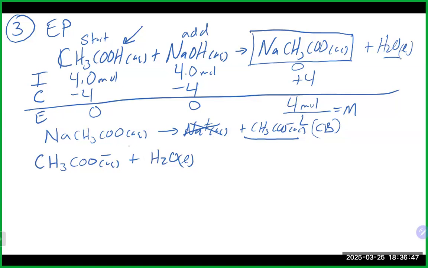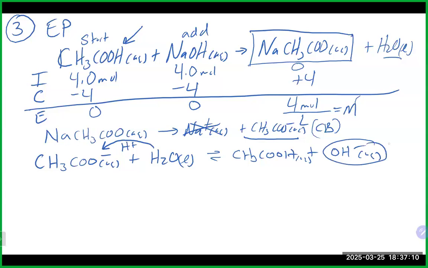And because it's a conjugate base, the base will accept the H+, and we will make a little bit of acetic acid, and we will form some hydroxide. By the way, should the pH at the equivalence point be acidic, basic, or neutral? It should be basic because we are producing hydroxide.